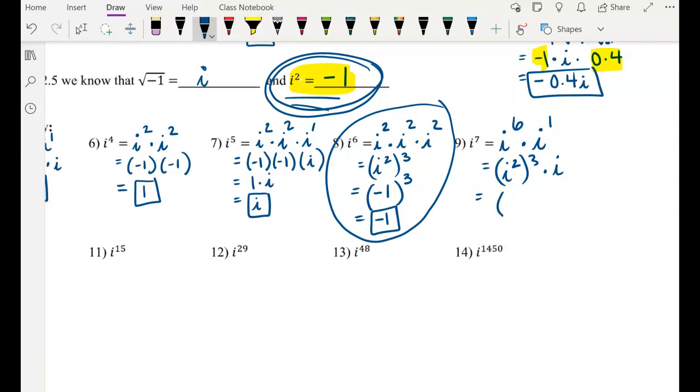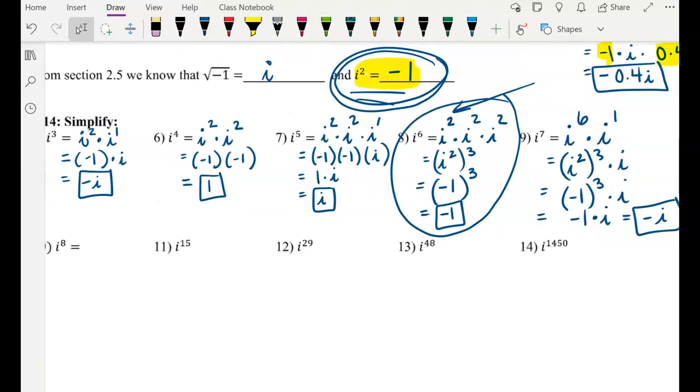Now, i squared, students, is negative 1 to the third times i, just like what we did before. A negative number to an odd power is negative. Negative 1 times i is going to be negative i. So i to the 7th is negative i.